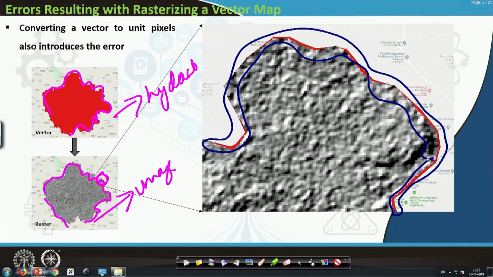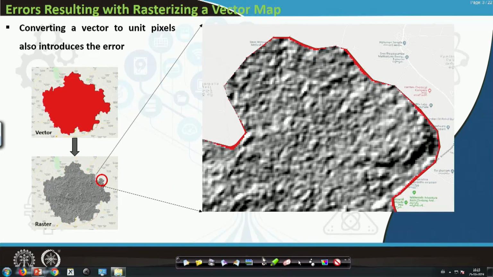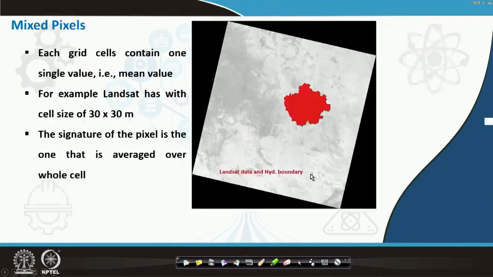You are actually removing data that may be useful in certain terms. So this is also one kind of error that may creep in when you are converting vector data into raster data.